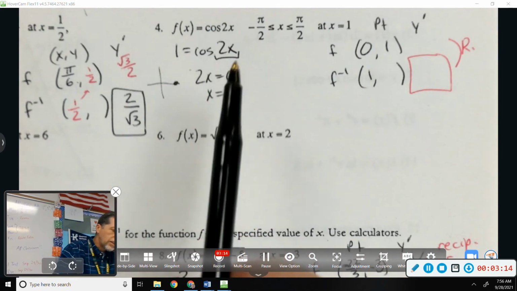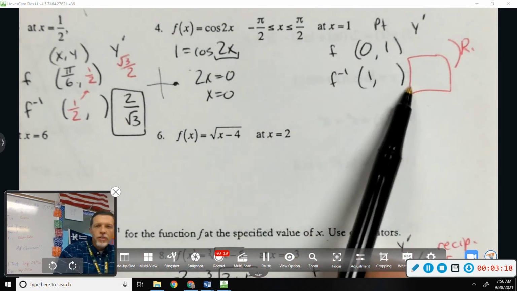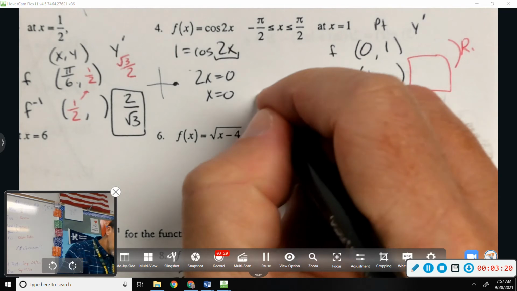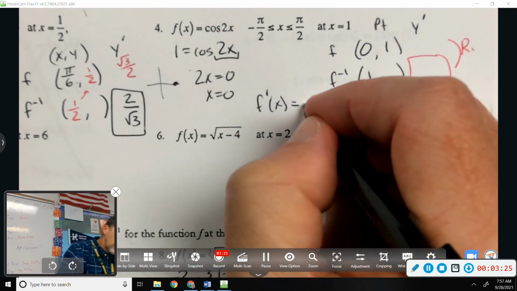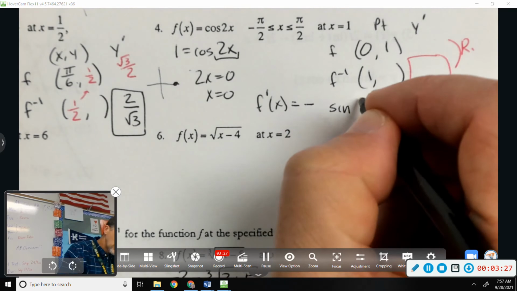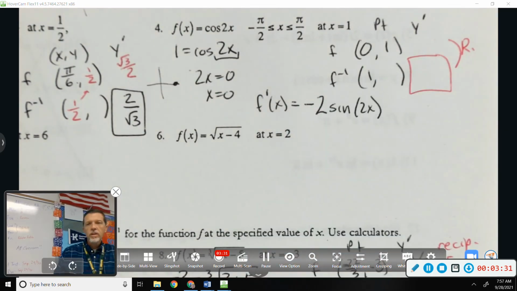So now I need to find the derivative, evaluate it at 0, flip it over. So f prime would be: derivative of cosine is negative sine of 2x, chain rule, times 2. Uh-oh, I see where this is going.